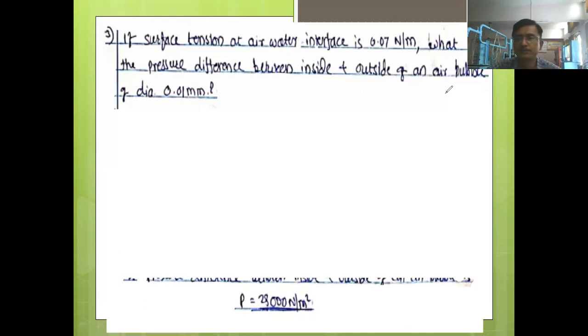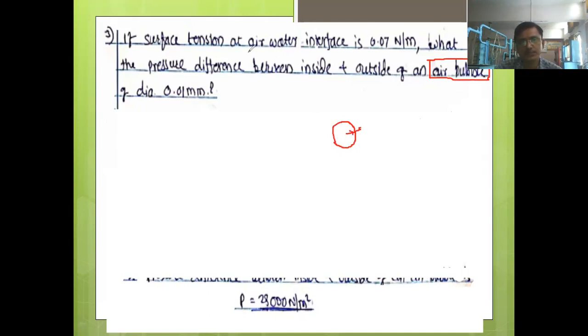Has anyone solved? Sir, is the bubble one side or closed? One side. This is the air bubble. When we say soap bubble, it has two surfaces, right?